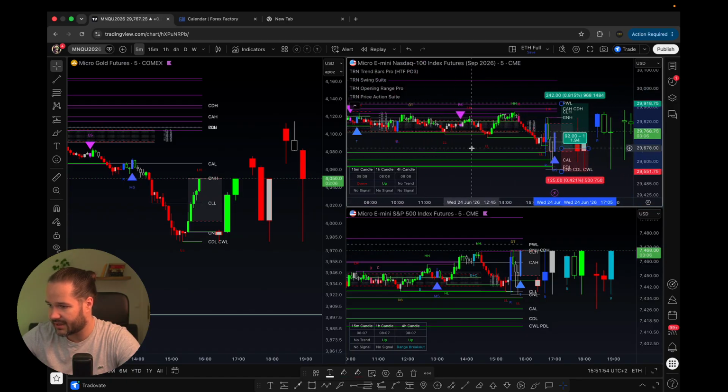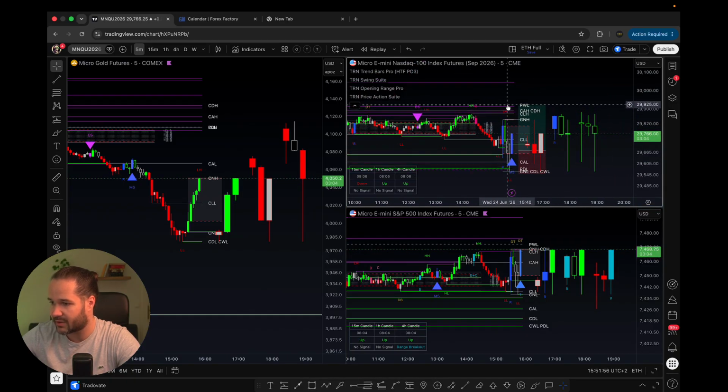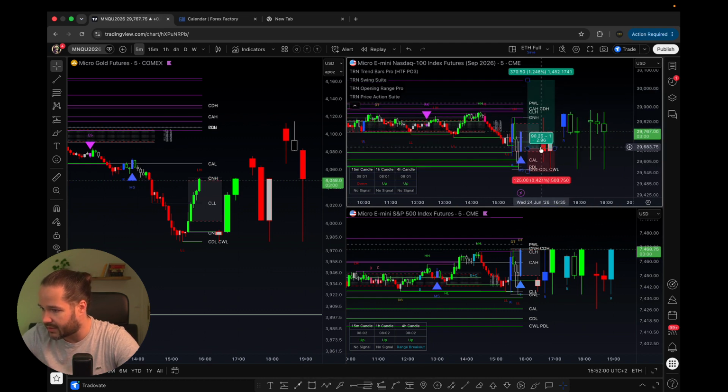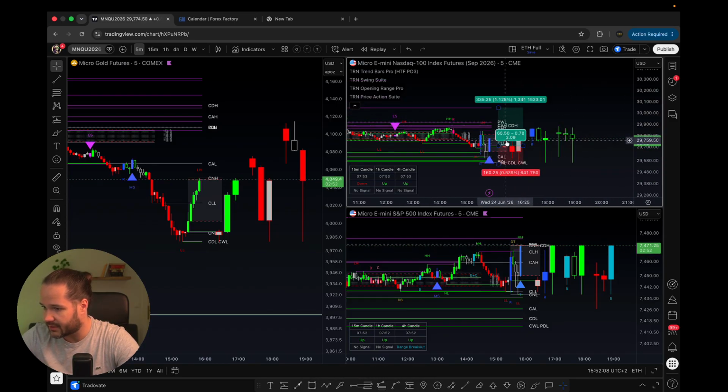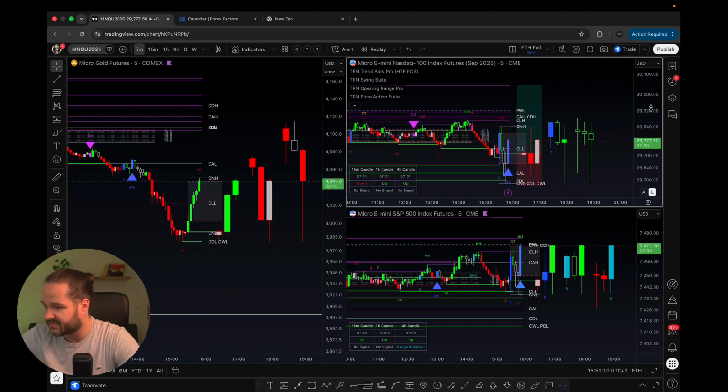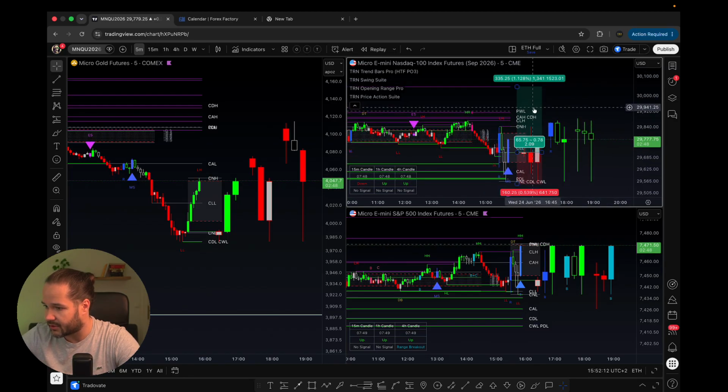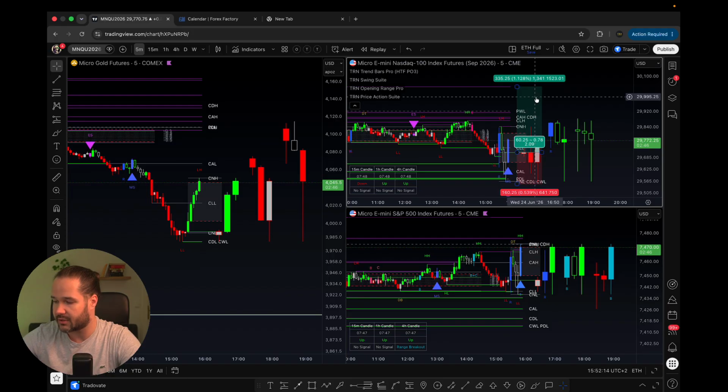If we print a real recovery, I could target this one, look what happens here and get out manually. And probably this is what I will do. Then I can enter here at the top of the previous 5-minute candle. This would be my limit entry if you confirm this. I cannot enter at market because the risk reward ratio would not be good enough.